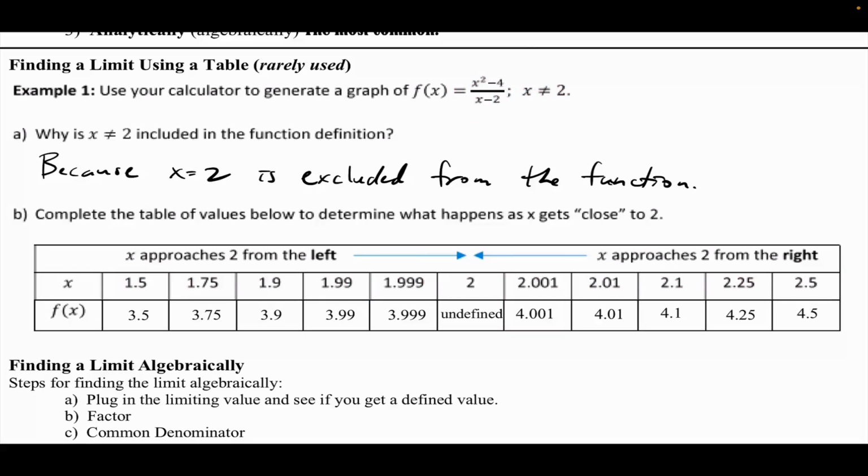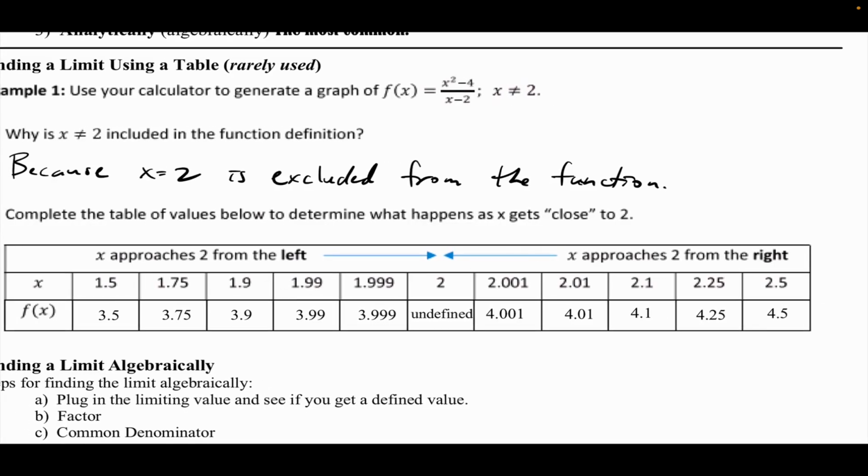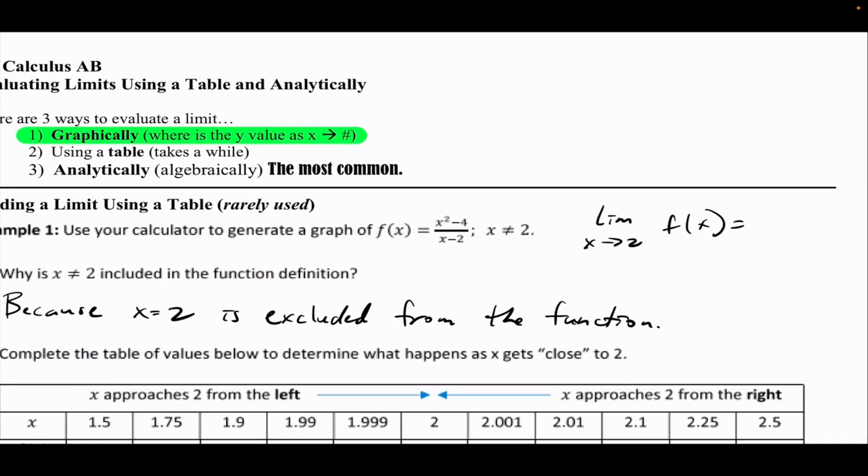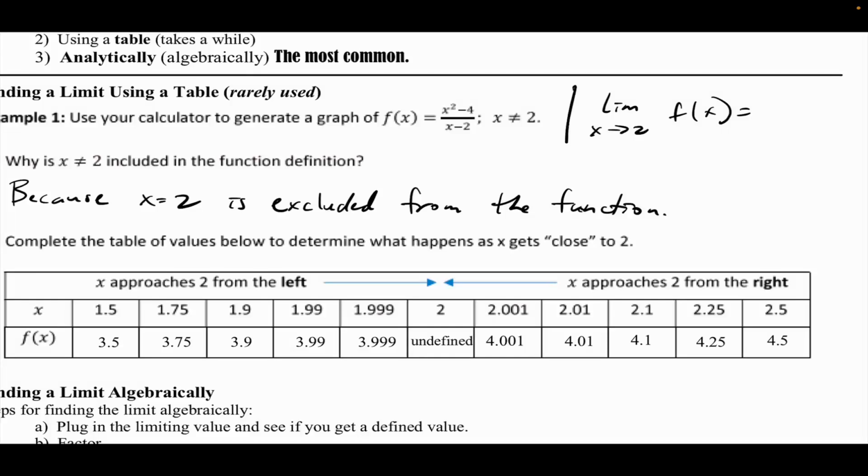Now the question they might ask you is the limit as x approaches 2 for f of x. Right? This kind of looks like what we saw last week, right? Except we were looking at a graph and not a table.